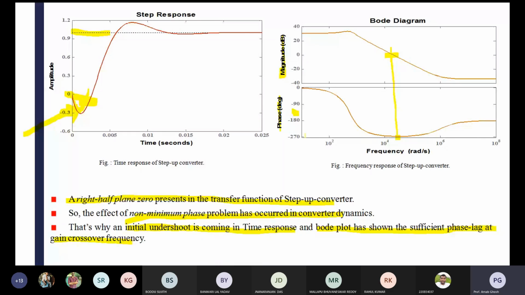I can show you in my simulation diagram. Due to the presence of non-minimum phase, meaning one pole and one zero in the right half plane, that phase delay is observed in the converter dynamics.